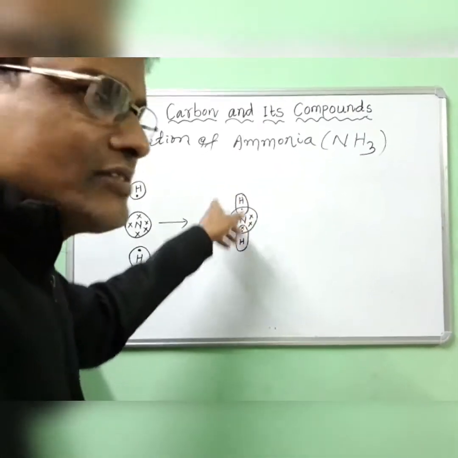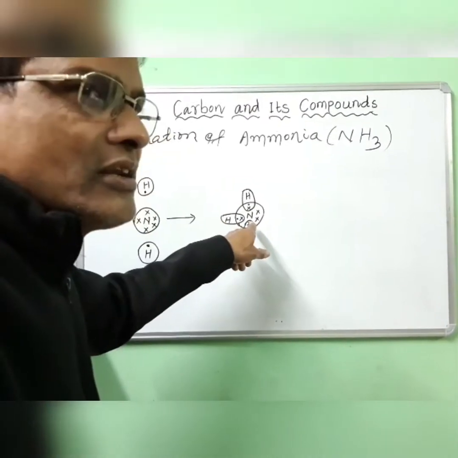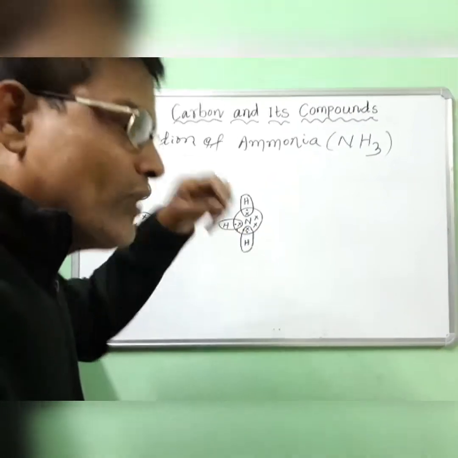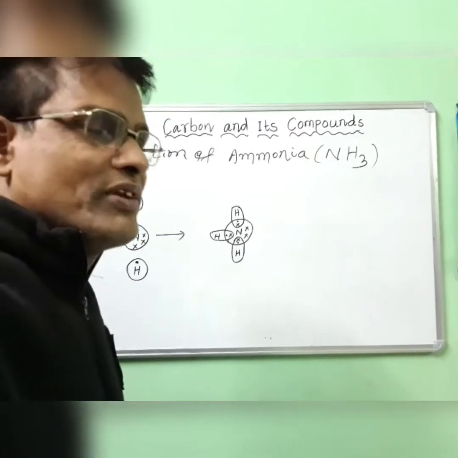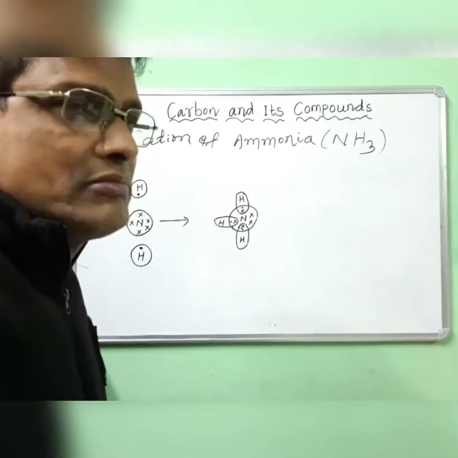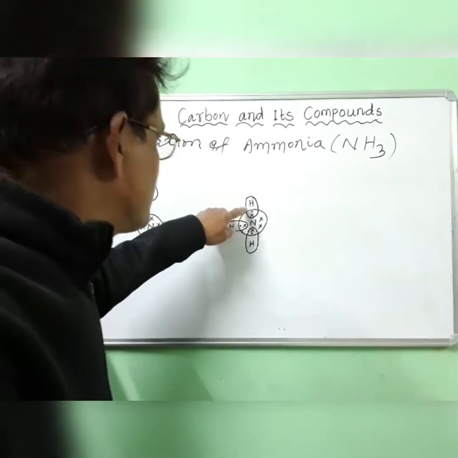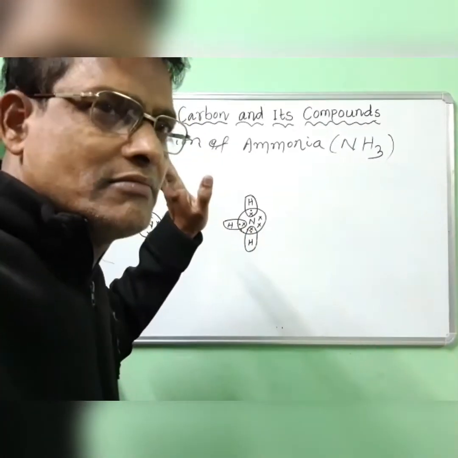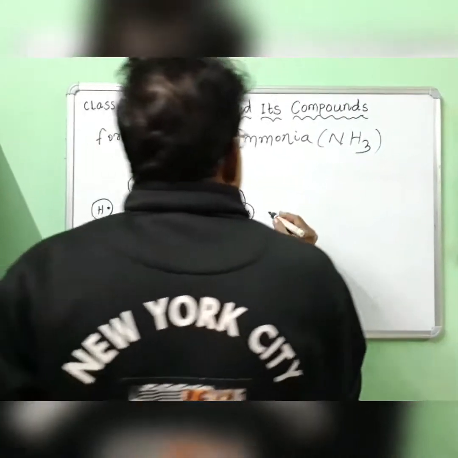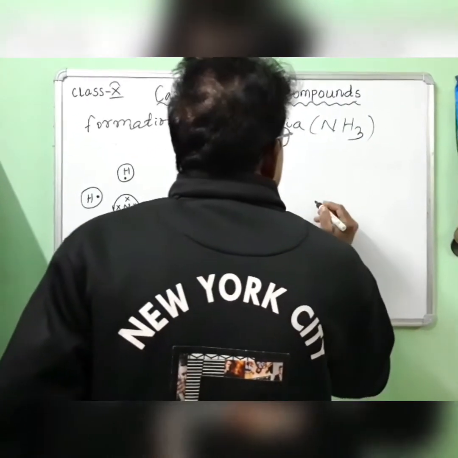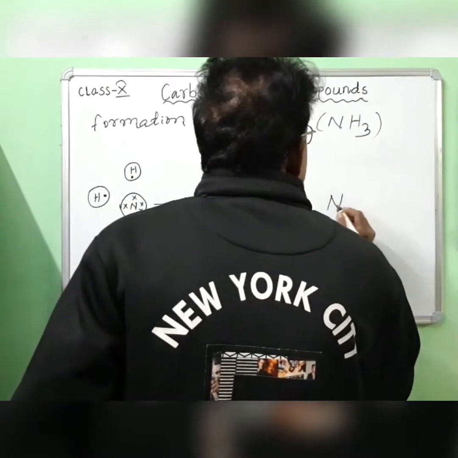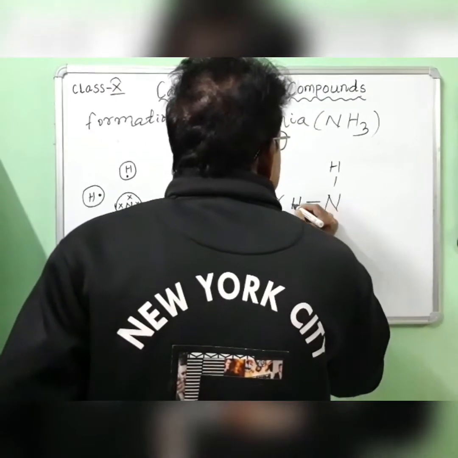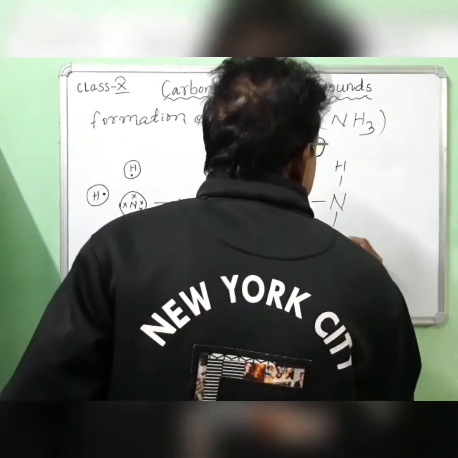Individually shares only 1 electron with nitrogen to attain its nearest noble gas configuration, that is the configuration of helium, that is 2. So here see, hydrogen has 1, 2, here hydrogen 1, 2, here hydrogen has 1, 2. Clear? So that gives N with H and H and H. Okay.